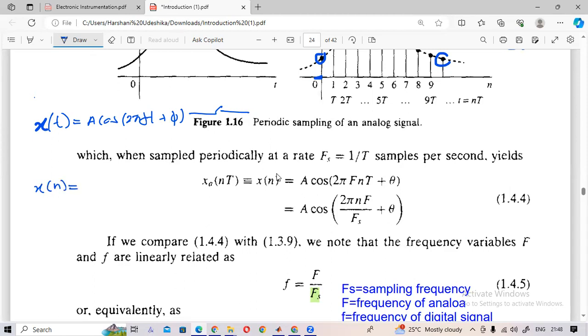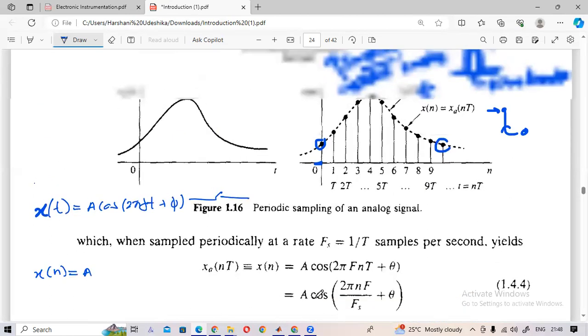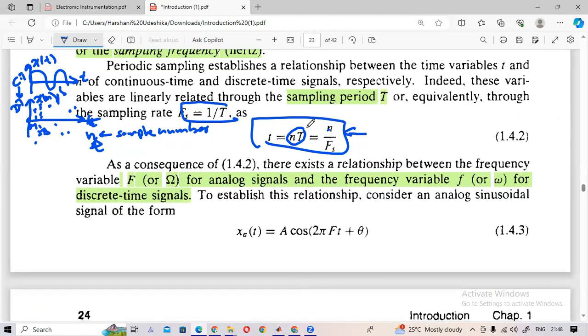Once we sample, in x(n) we have only samples, some samples. So you can replace this t with the corresponding sample time.